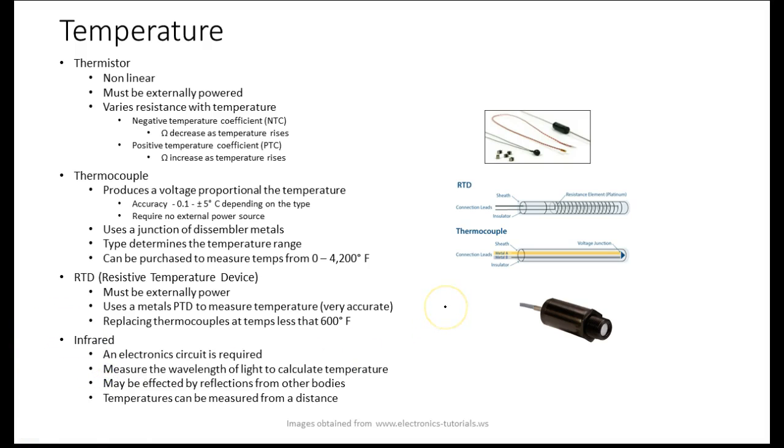If you measured 150 ohms, that's going to be a temperature. But if you say, okay, this is 80, and then you went up to 200 and measured it up here, then between 100 and 200, at 150 it should be half of that, but it's not going to be because it's nonlinear.